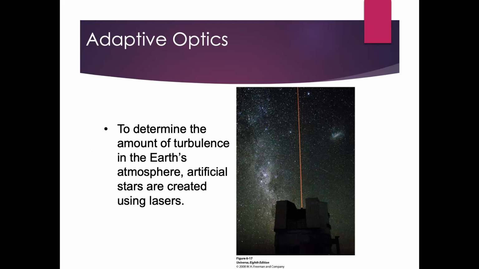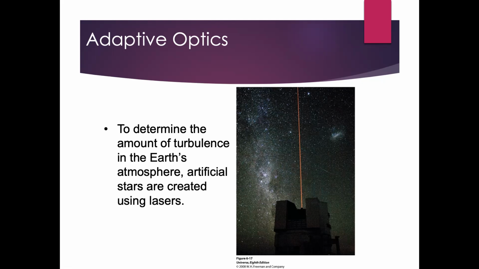If we're taking light from a mirror and reflecting it back into our eyes to magnify the size of the object, we basically have a way of warping the shape of the mirror to account for the distortion of the atmosphere. So we use lasers like this orange one to create an artificial star in the sky. Not actually making a star, but we're creating a point in the sky that looks like a star.